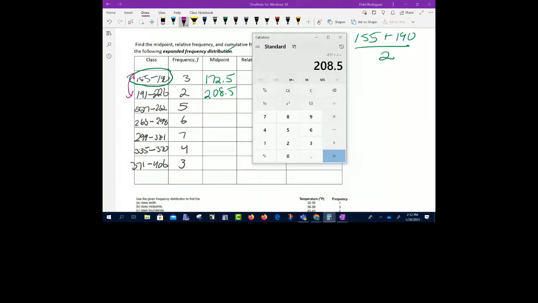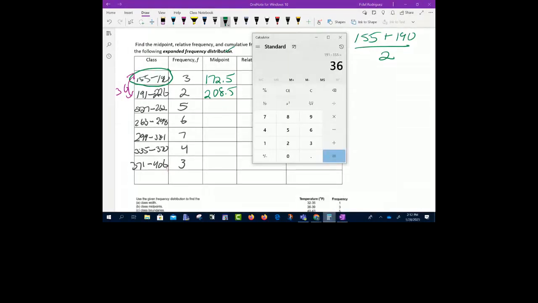So if I were to take my calculator, what's 191 minus 155? I'm sorry, 36. So if you remember, we said, look, we could just keep adding 36 down here to get those numbers. It's also going to work for the midpoint. We can keep adding 36 to each of these numbers here, and I can continue to fill out the rest of that column.